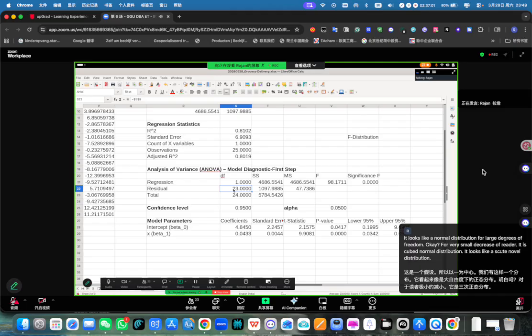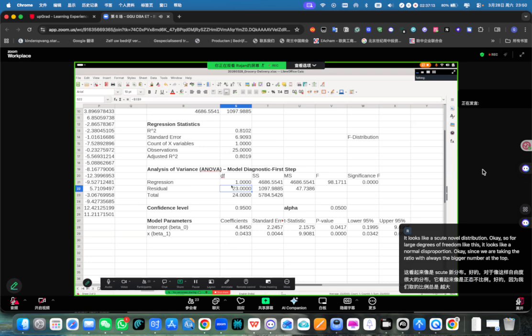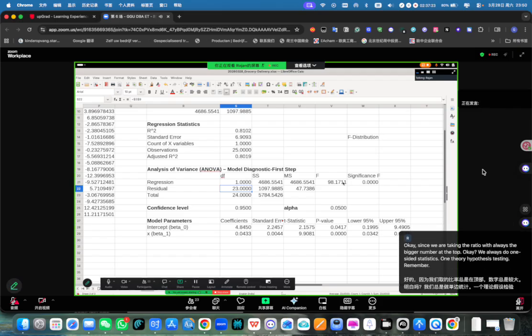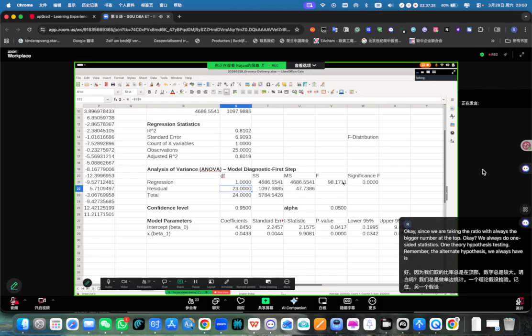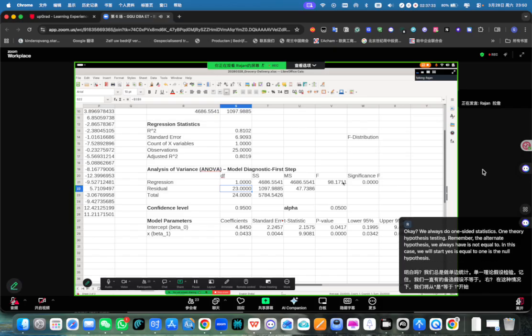Since we are taking the ratio with always the bigger number at the top, we always do one-sided hypothesis testing. In this case, F equal to 1 is the null hypothesis, and F greater than 1 is the alternate hypothesis.